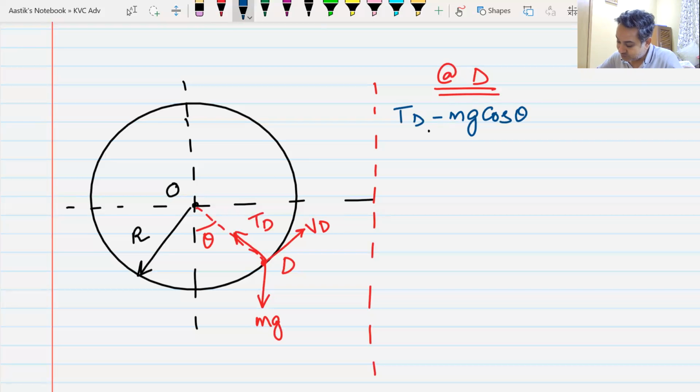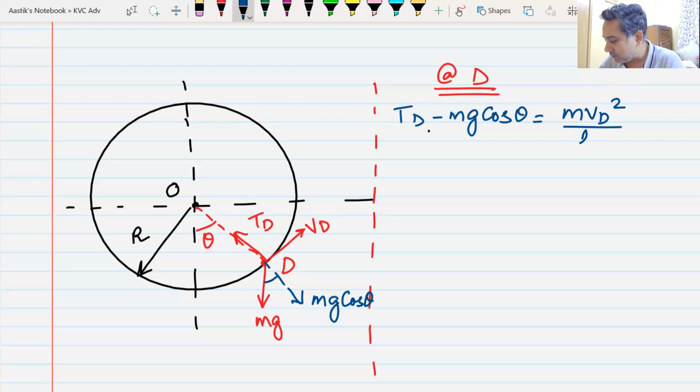Remember, this mg has to be resolved now into two components. So this component will be mg cos theta. T minus mg cos theta is mvd square by L.